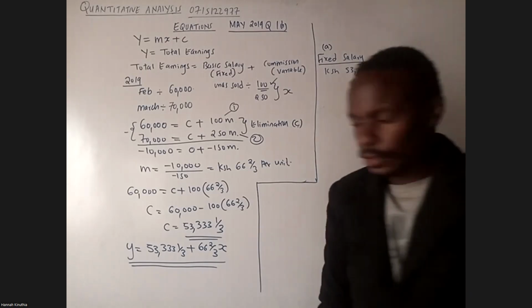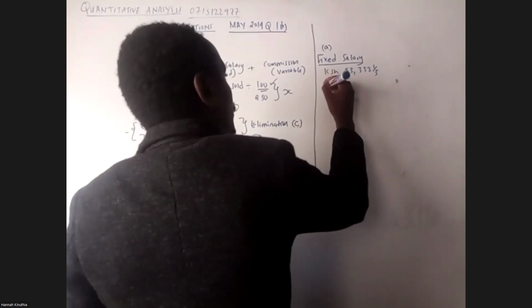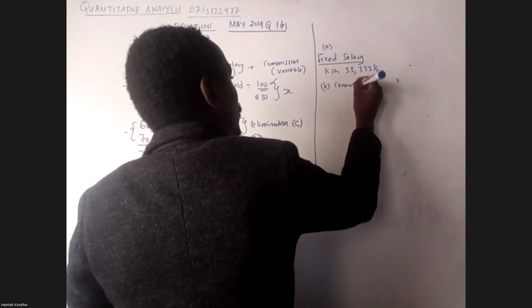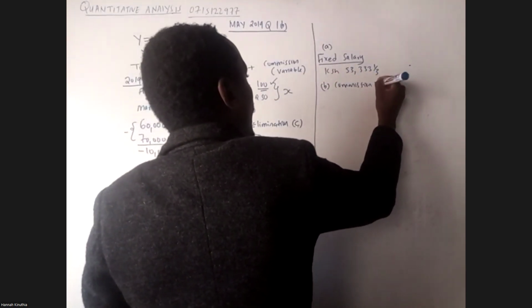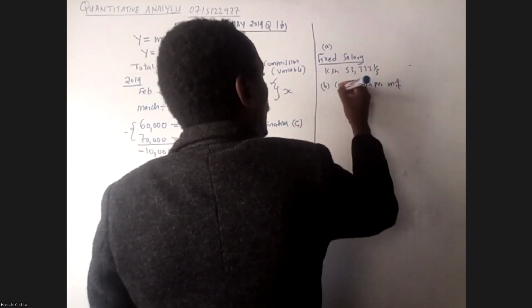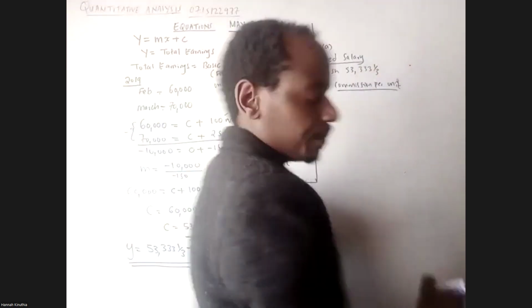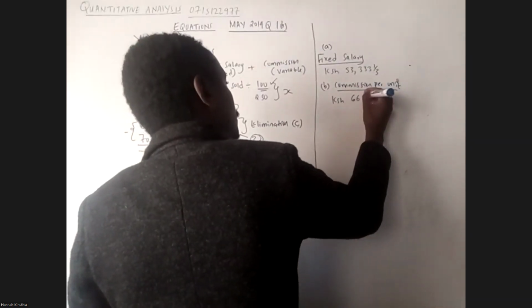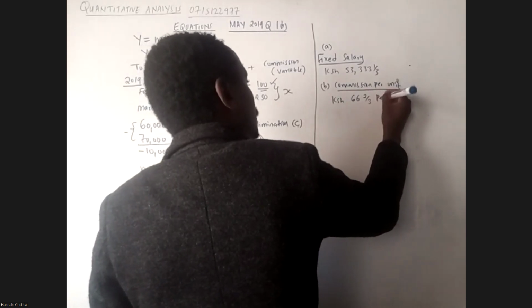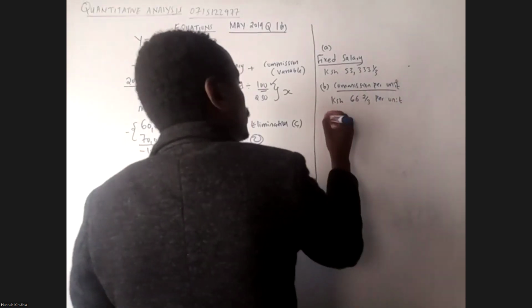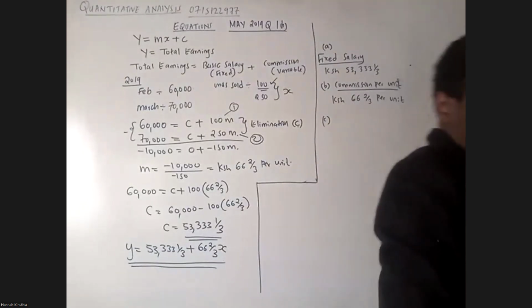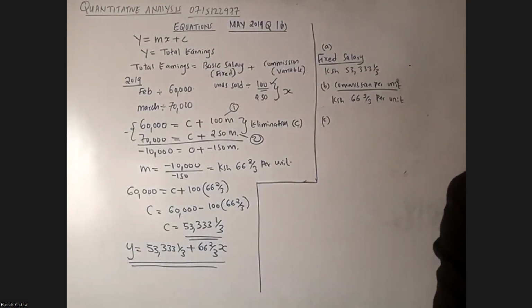So commission per unit is Kenya shillings 66 2/3 per unit.